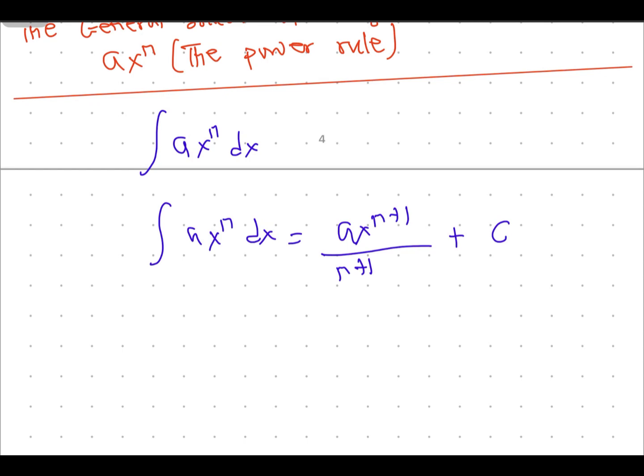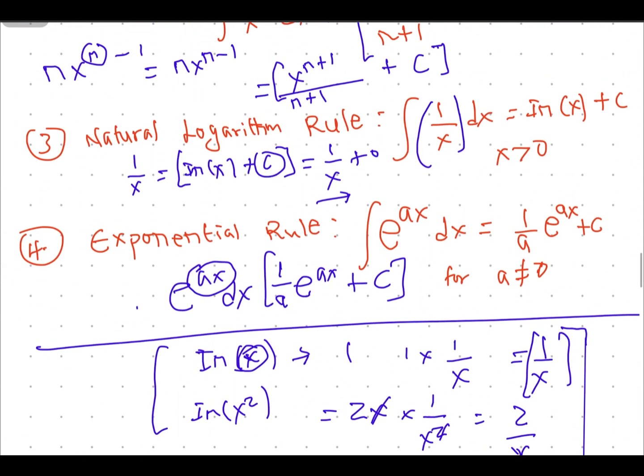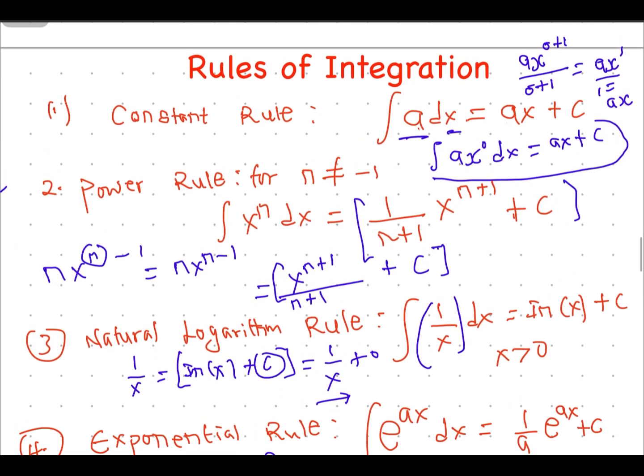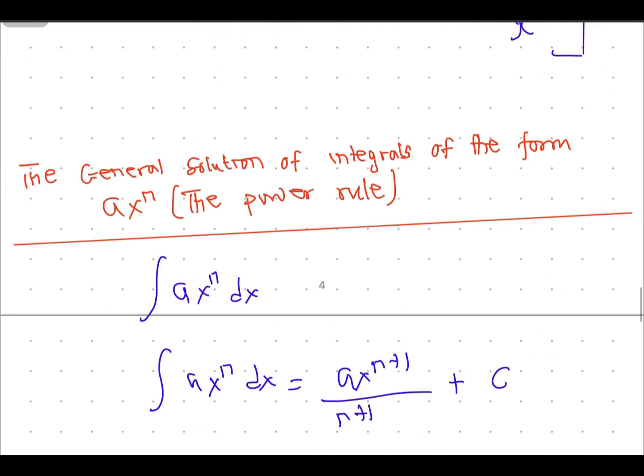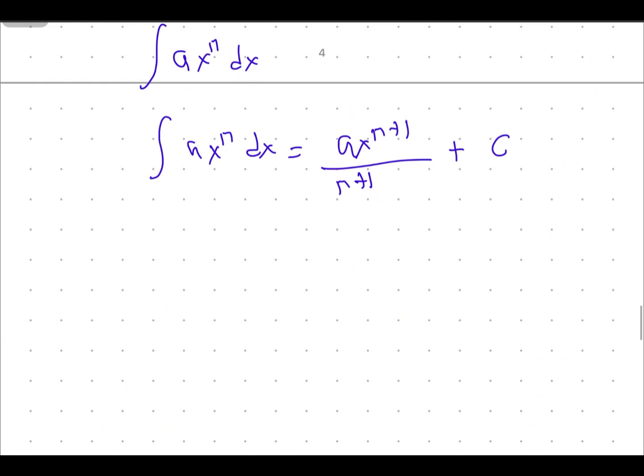All right. So this is the same thing as I've written here, right? I think I wrote it here somewhere. So this rule is true when n is fractional. Fractional, right?